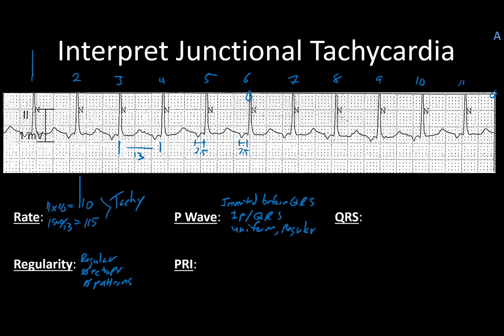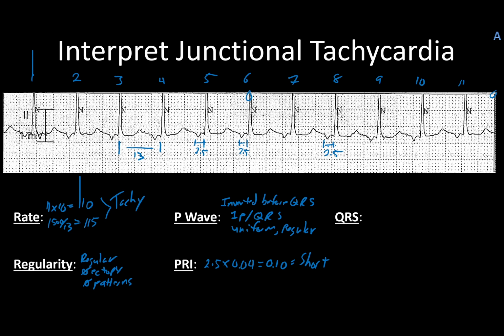Let's do one more to be safe. When they're inverted like this, it's always a little bit difficult to tell. All right, and so we have a short PRI, which is one of the key things for junctional rhythms, correct?